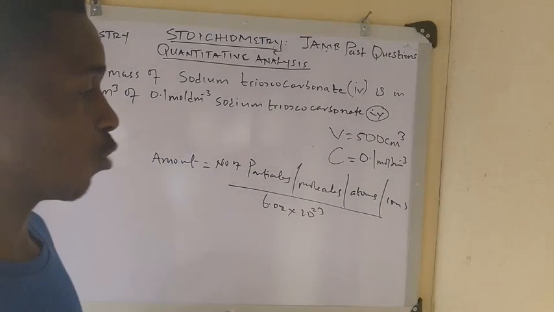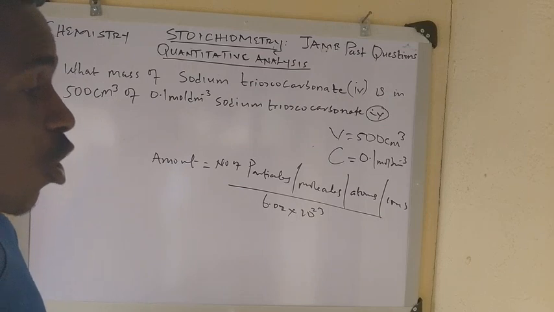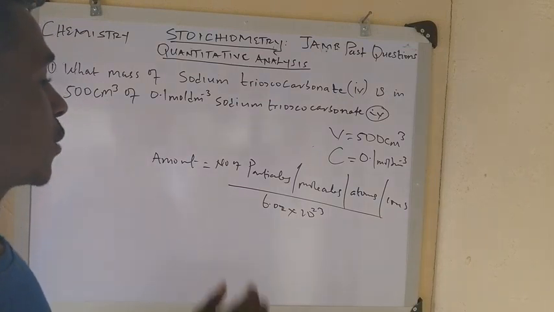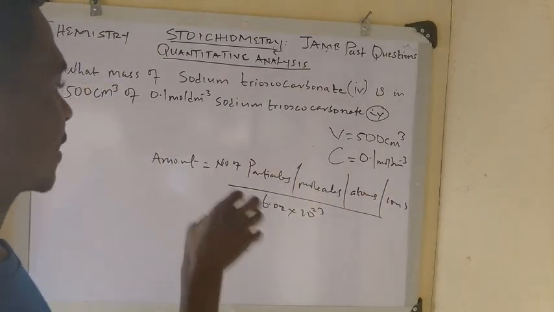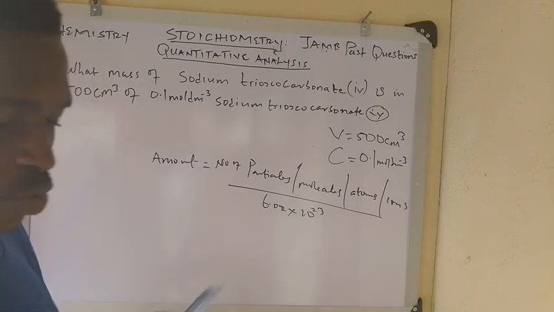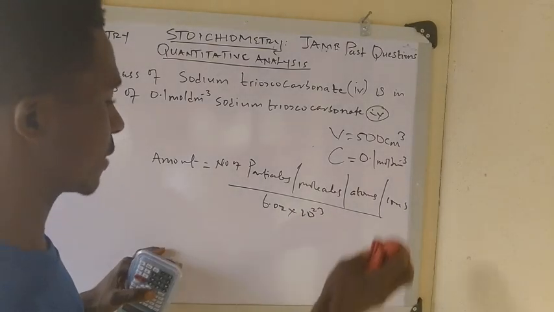We call this Avogadro's number or constant. So you see, there's nothing like number of particles here. So we cannot use this to get the amount. This is not the right formula to use first. So can we check the last formula?